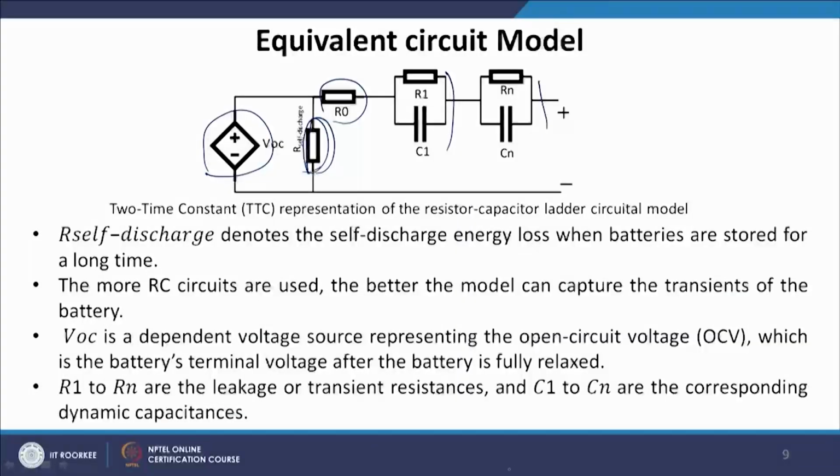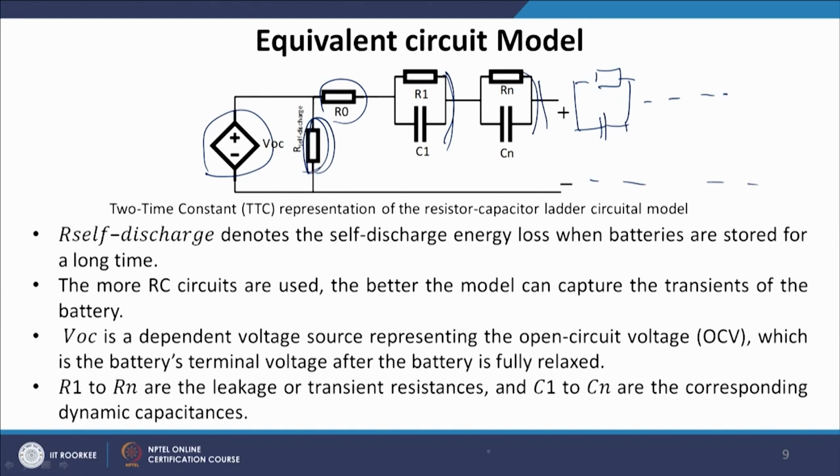You might have seen that after using a battery, if you keep it for a very long time, you experience self discharge. The more RC circuits you use, you can even create one more, and we can keep on doing it. The more RC circuits are used, the better the model can capture the transients of the battery.